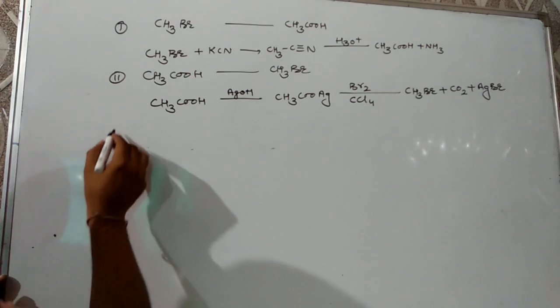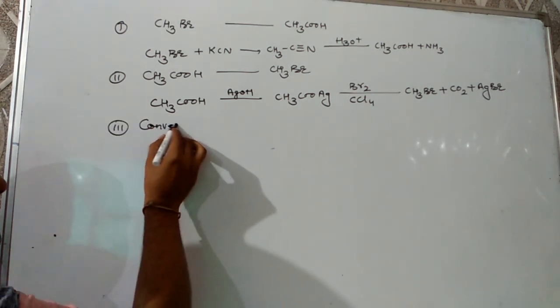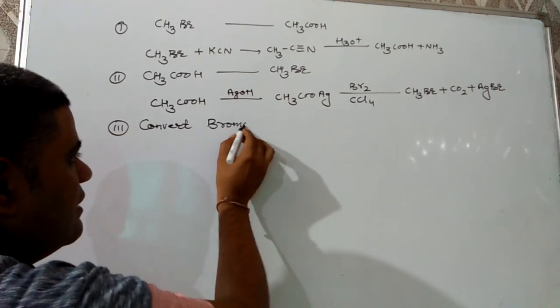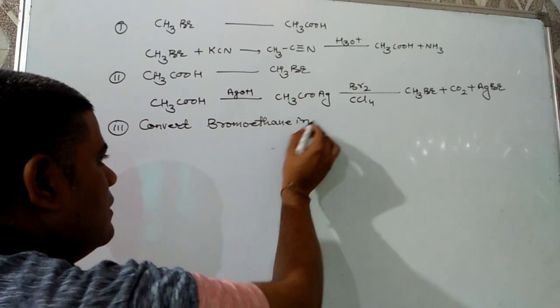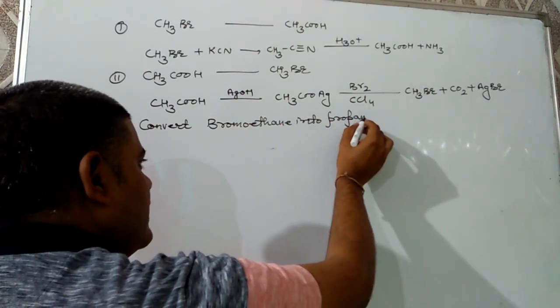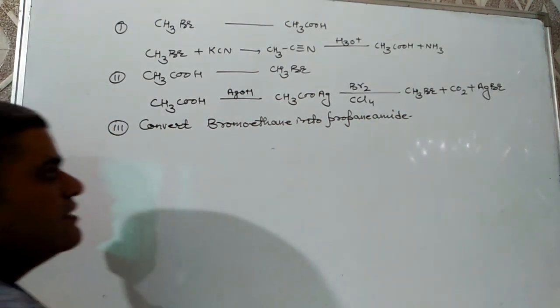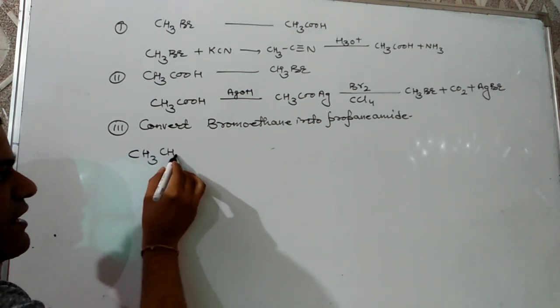Next conversion: convert bromoethane into propanamide. First, the formula of bromoethane is CH3CH2Br.